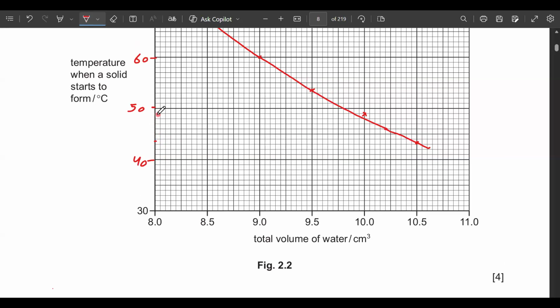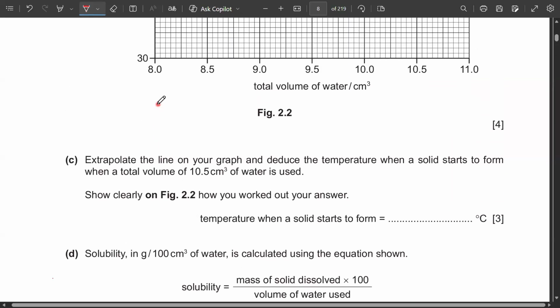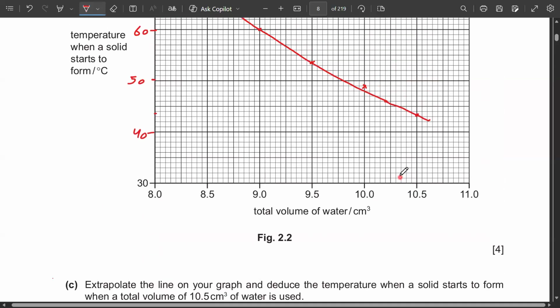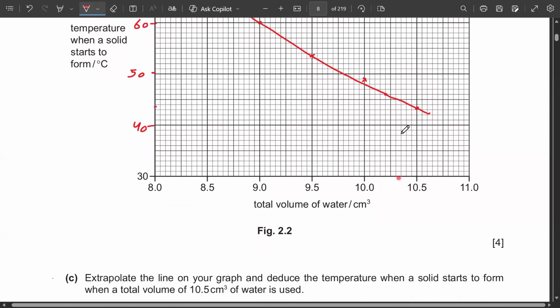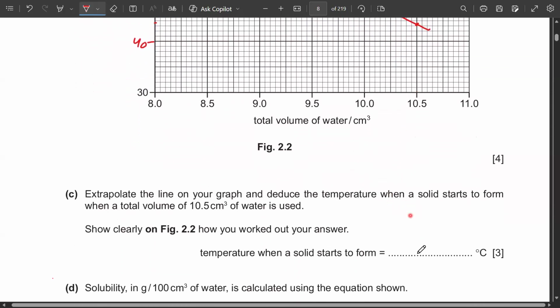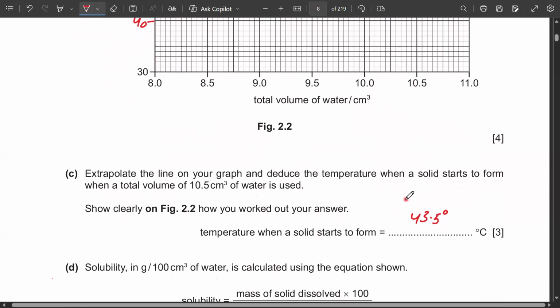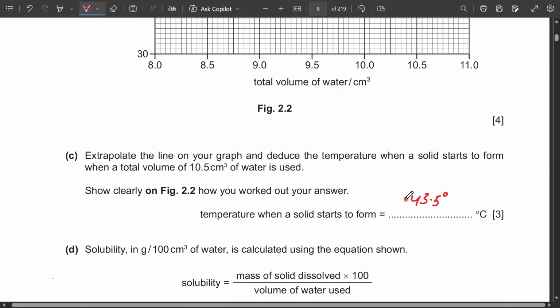I could be wrong in this case. So for my case, I will take 43.5 degrees. Is it clear to everyone? How are we doing this? So the temperature has been noted for this case.